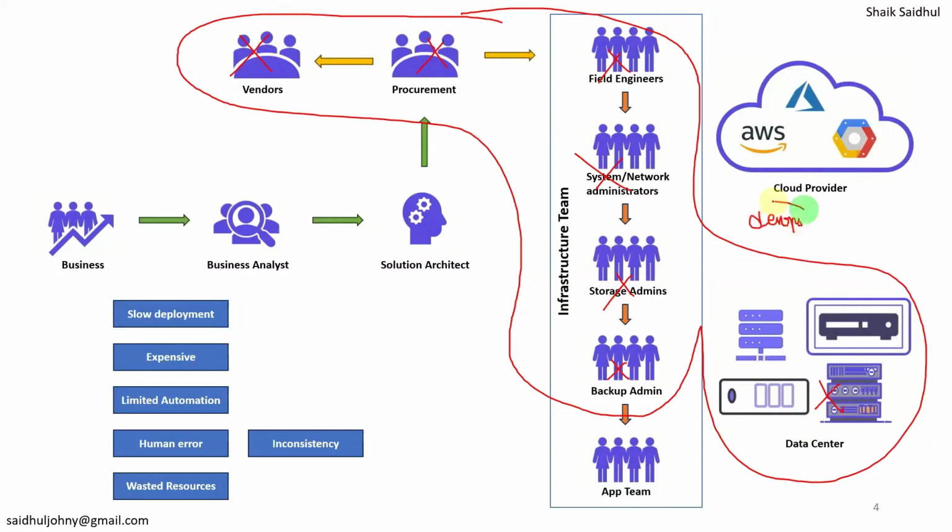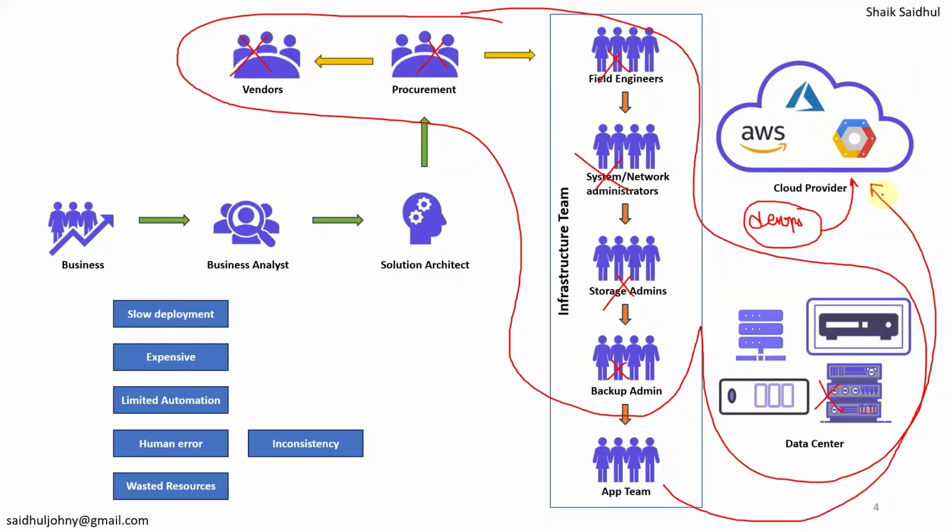One or two DevOps engineers will be there. According to the solution architect's requirement, the DevOps team will create the infrastructure in the cloud platform, and on top of the infrastructure, the application team will deploy. That's it.